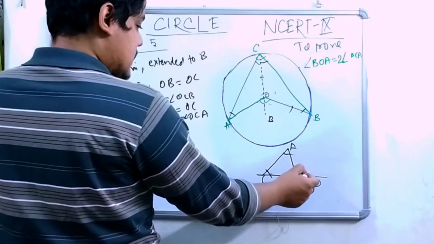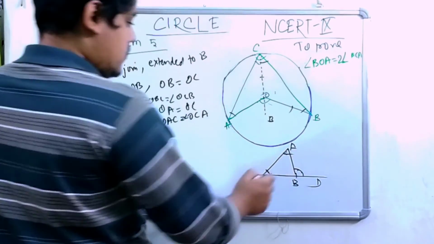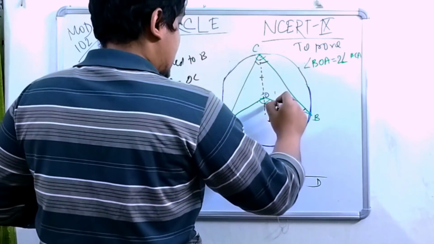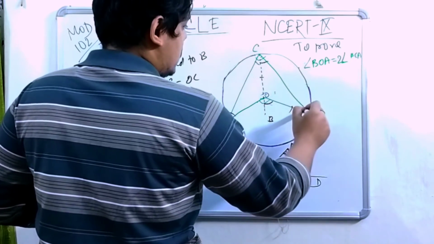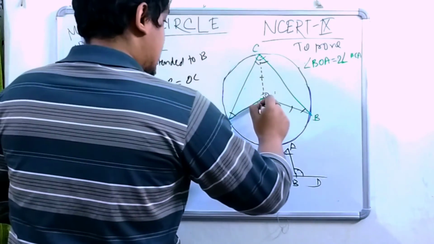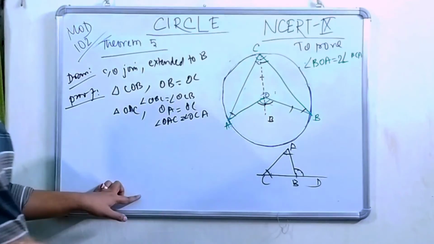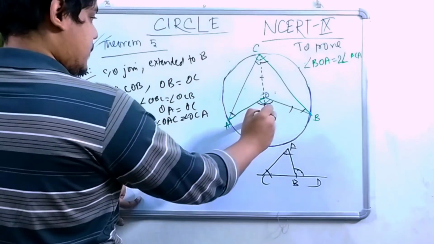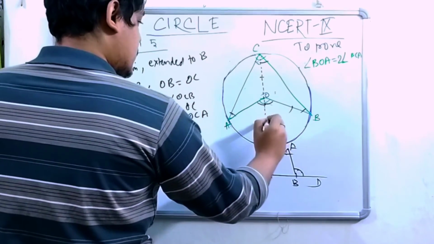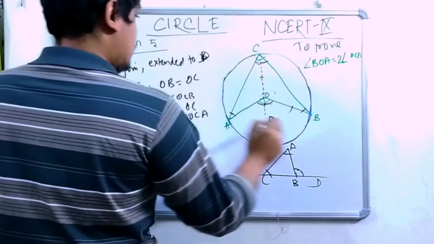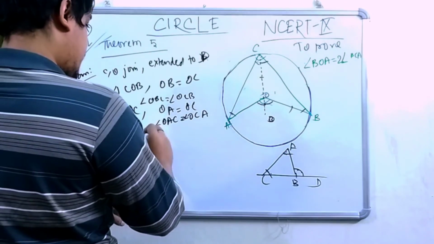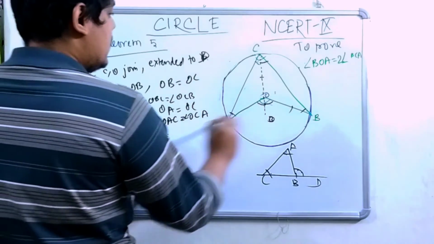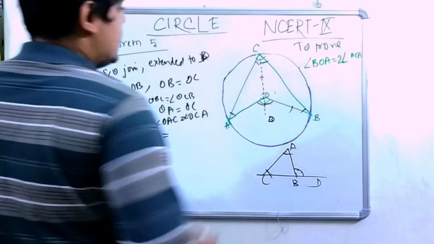Similarly, that angle is equal to this plus this, and that angle is equal to this plus this. So this one should be considered as D. I made a mistake here. It should be D. So DOB is equal to this plus this.